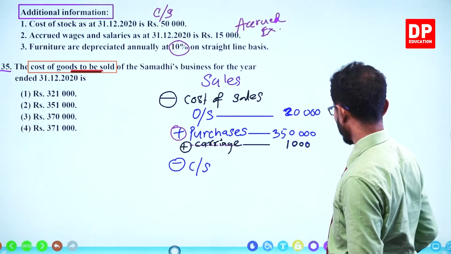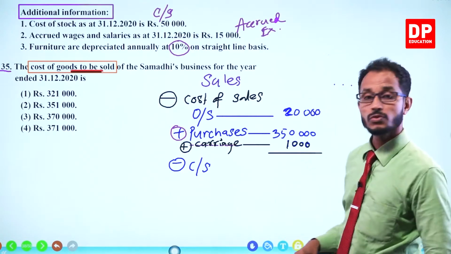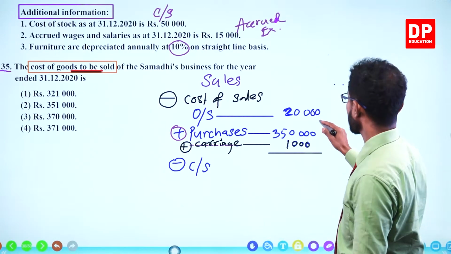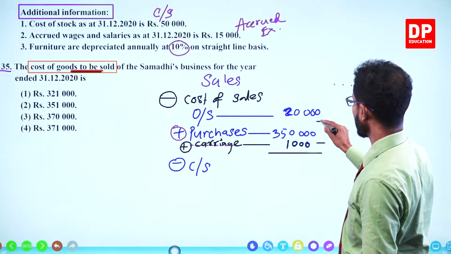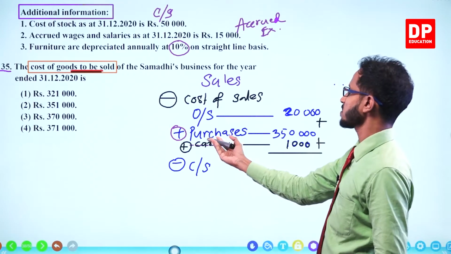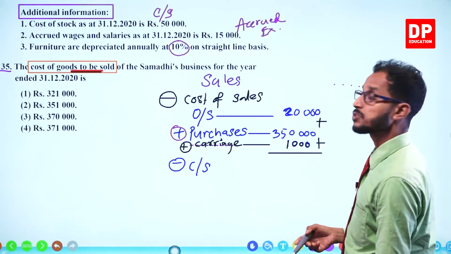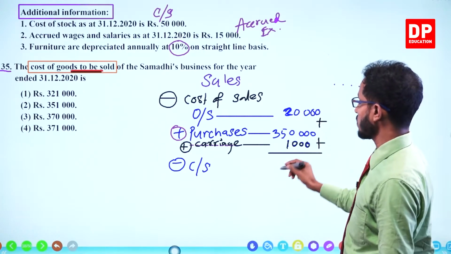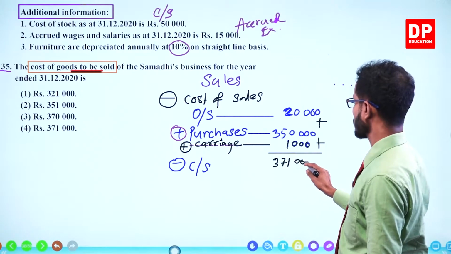Now you get the cost of goods to be sold. Opening stock plus purchases plus carriage inwards: 350,000, 370,000, 371,000.